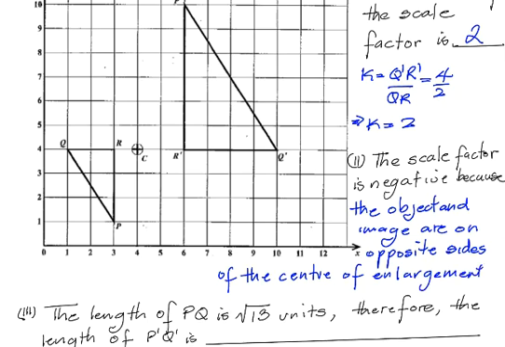All right, so K is negative because the object and image are on opposite sides of the center of enlargement.